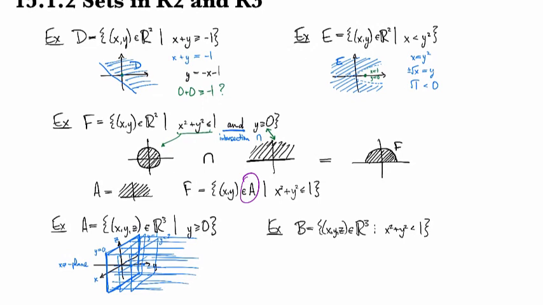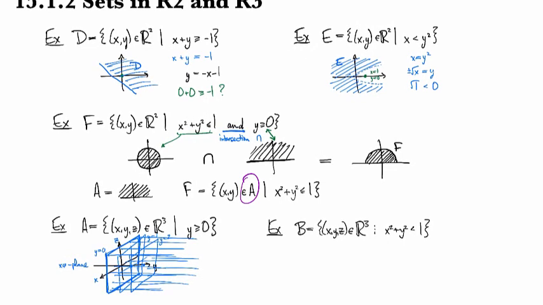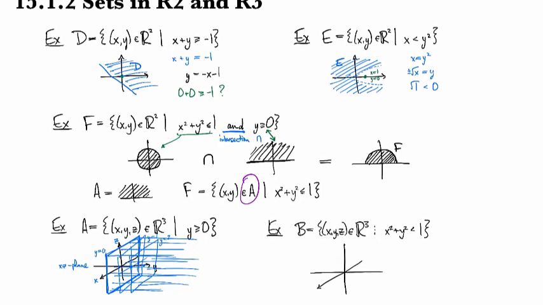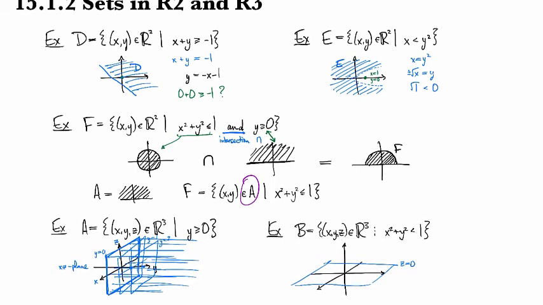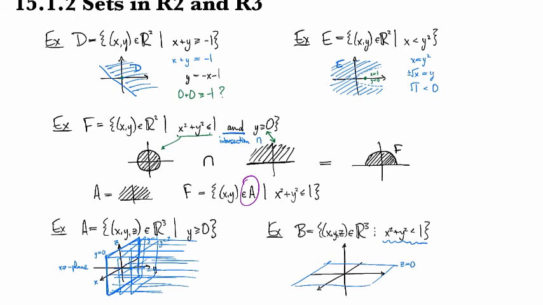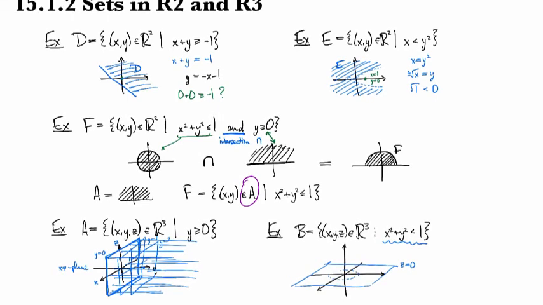Now we're in R3, but there's no constraint on z, the vertical coordinate. So that means we can visualize it anywhere. What does it look like if we look at z equals 0? Well, z equals 0 just doesn't come up in this inequality, so we can just plot it, and in the xy axes, it's going to be that disk.